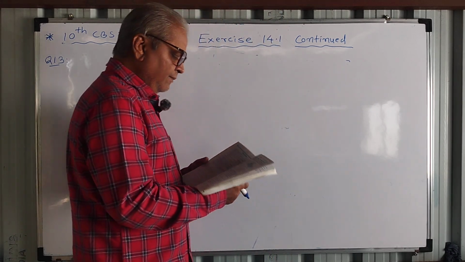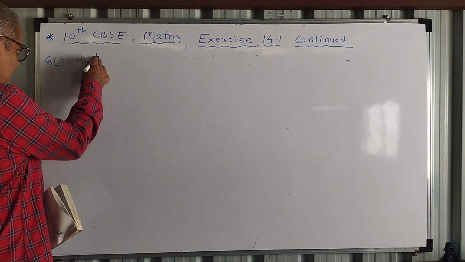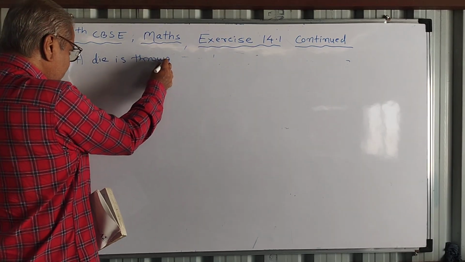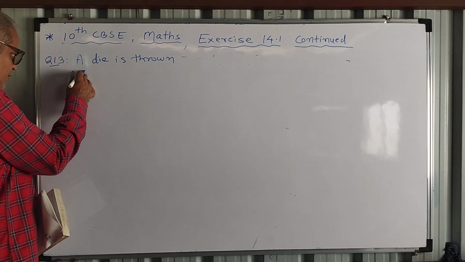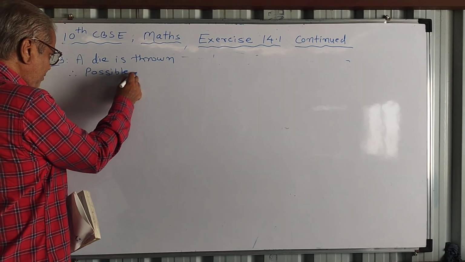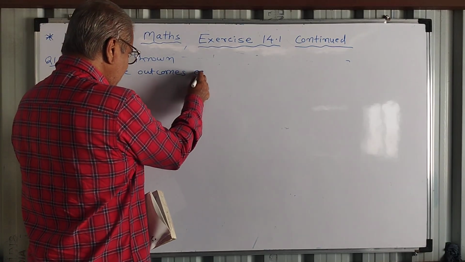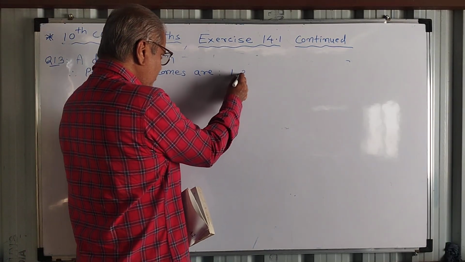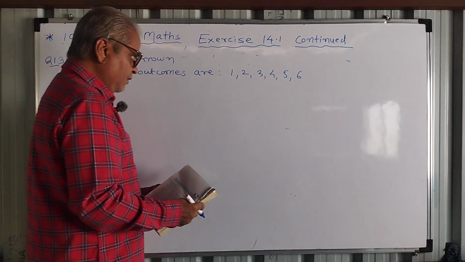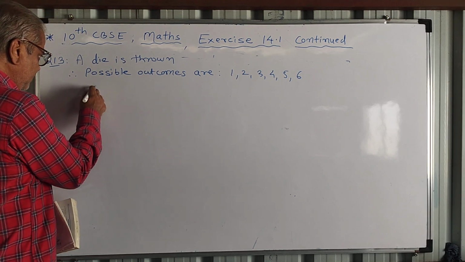So we will write, when a die is thrown, possible outcomes are 1, 2, 3, 4, 5 and 6. So total possible outcomes is equal to 6.